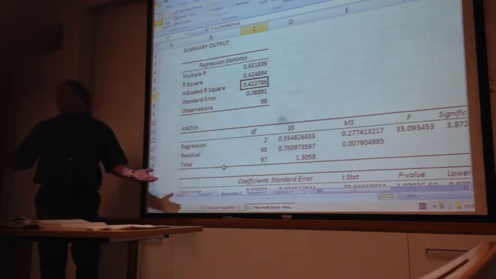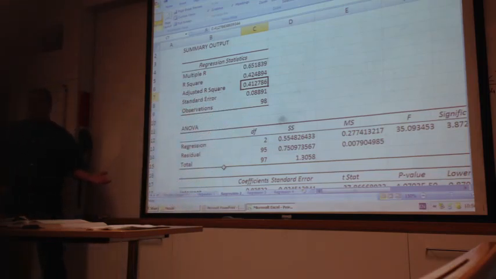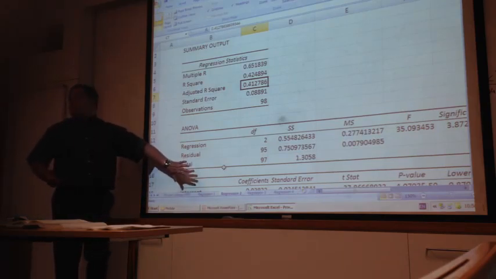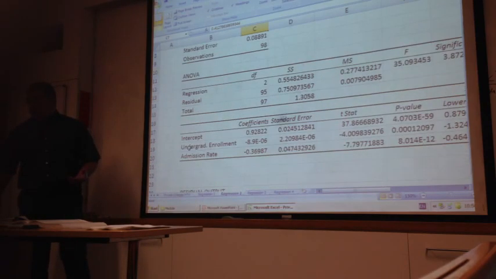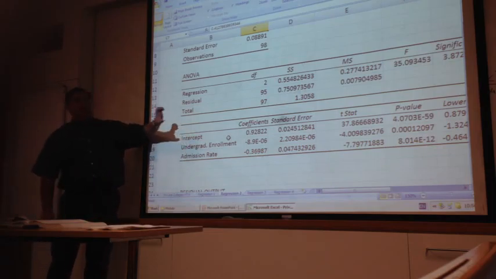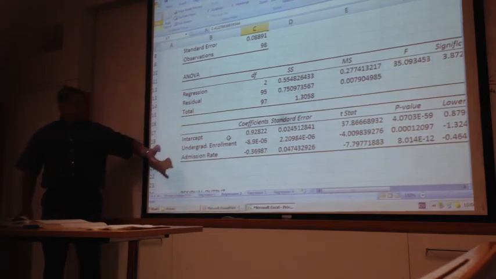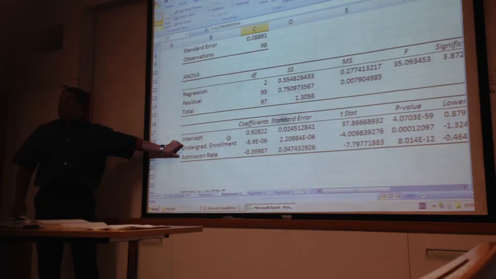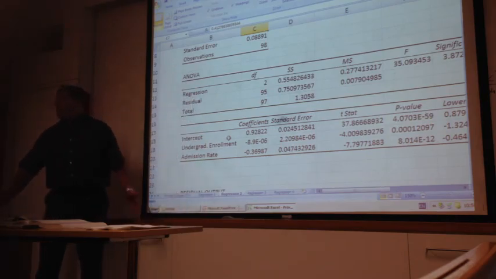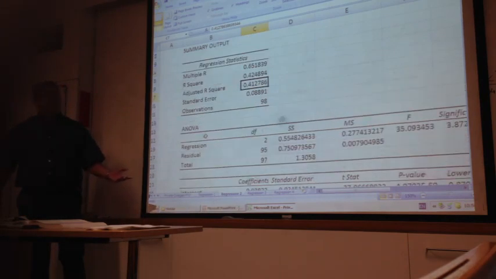So did we lose anything? Pretty much the same. So this is a much better model. I now have a model that allows me to predict graduation rates after 4 years based on these two variables. But, as we said before, that's not very impressive, 41%, so we try others.